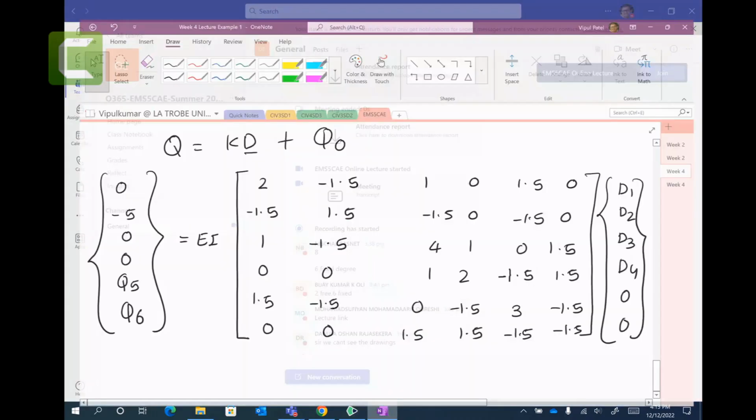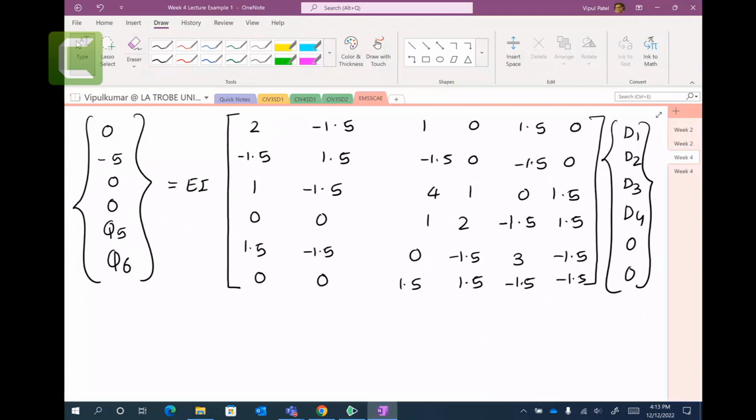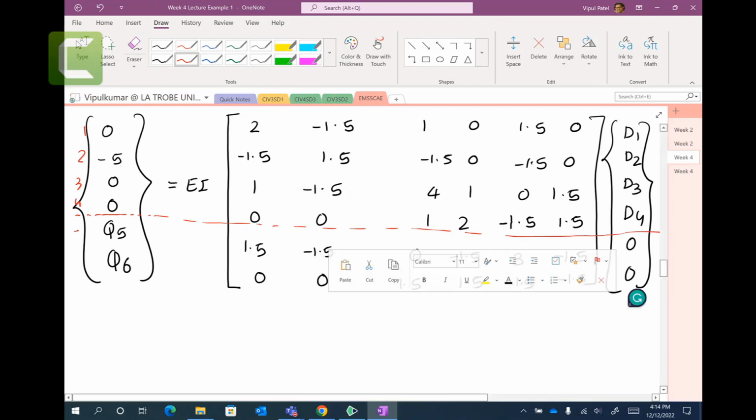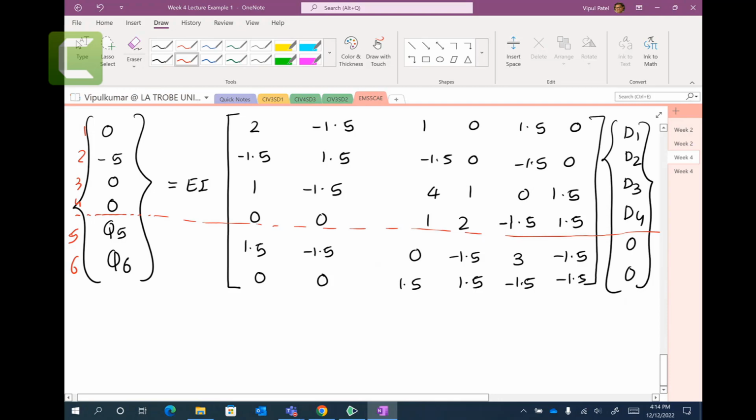We can continue. Now we do the partitions. When you see these 0 and Q5, the free ones are 1, 2, 3, and 4. So we do the partition here. You can look at that, right? 1, 2, 3, 4, 5, and 6. I hope you understand how to draw this horizontal line, because you can see Q5 and Q6.